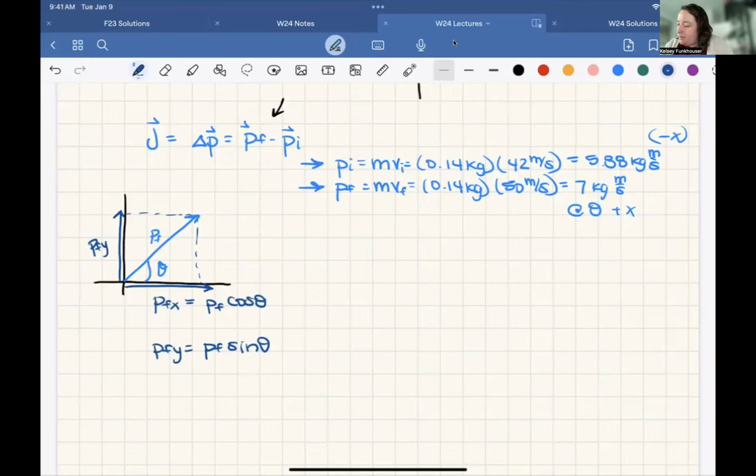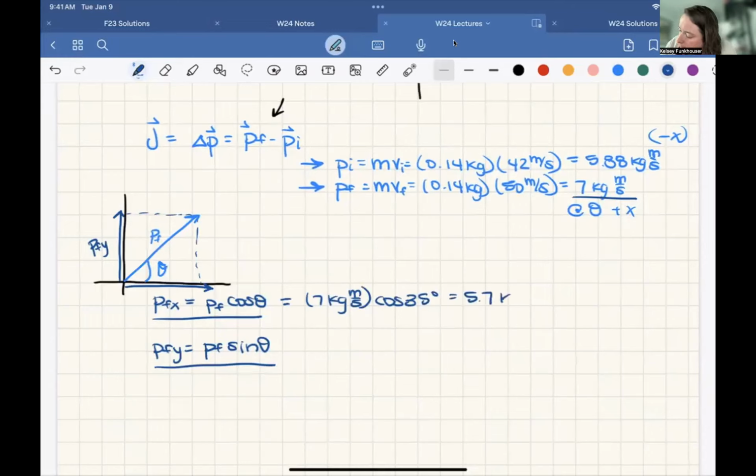And we have what the final momentum is. And so now we have the x and y components, and we can multiply them by the final momentum. So let's do that right here. 7 kilogram meters per second, cosine of 35 degrees, that is 5.7 kilogram meters per second in the positive x direction for the x component.